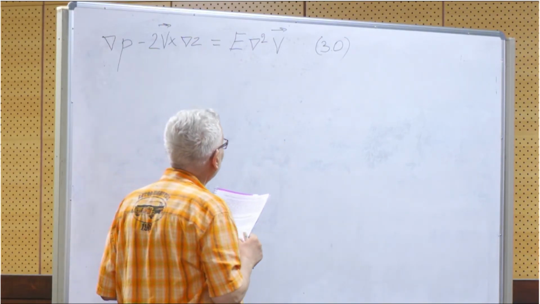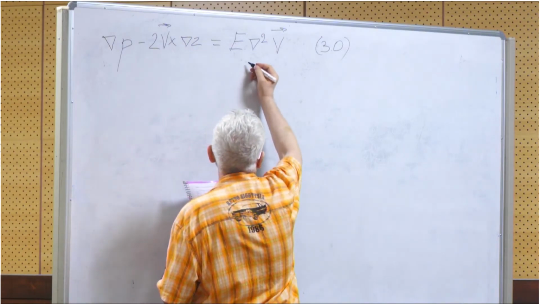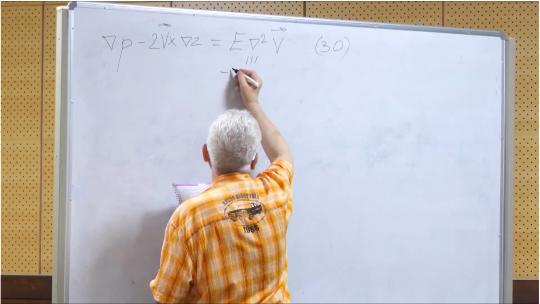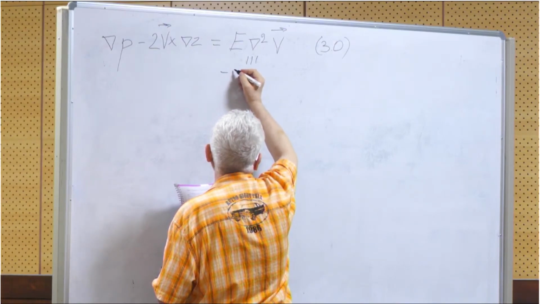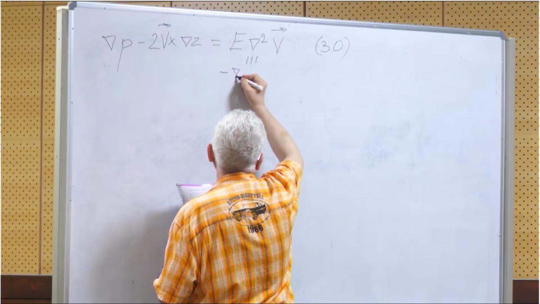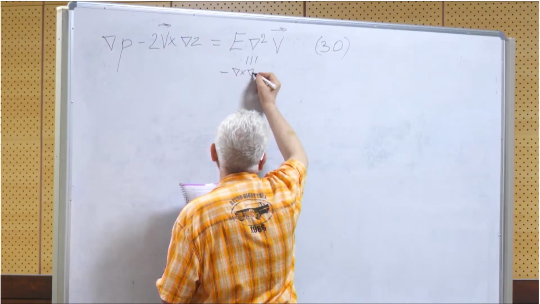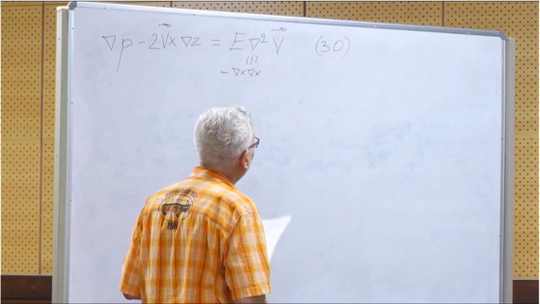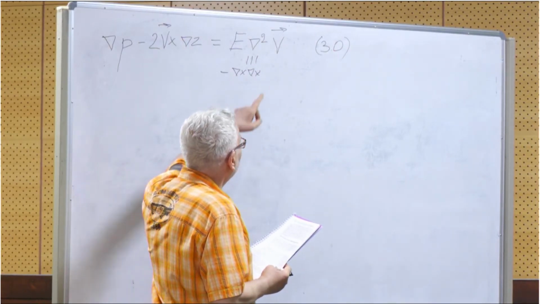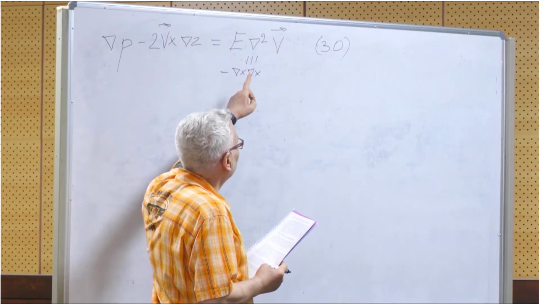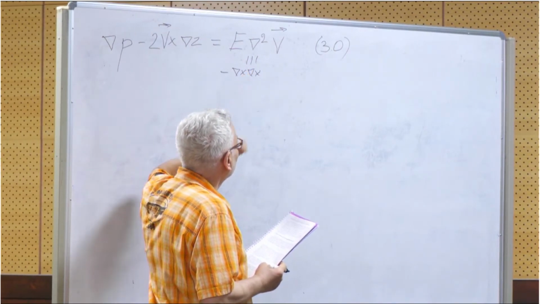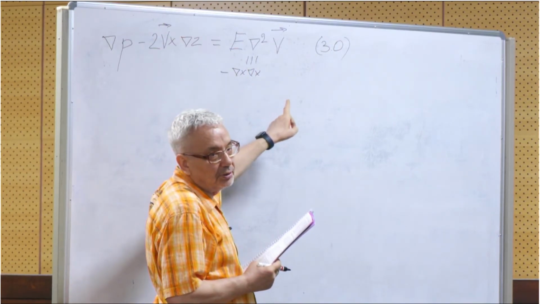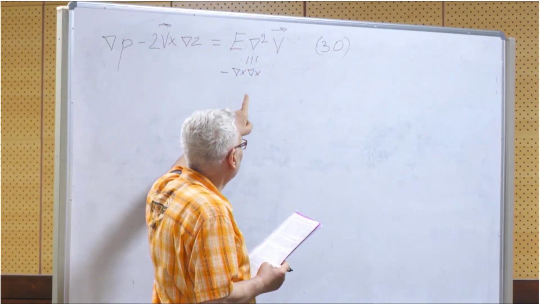This one is more precisely equal to the double rotor with a minus sign. So it's indeed not a scalar operator, but a vector operator. It's important to mention.